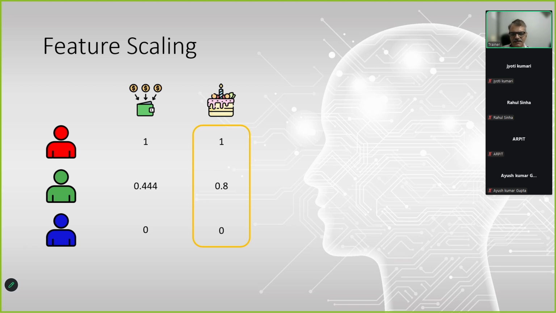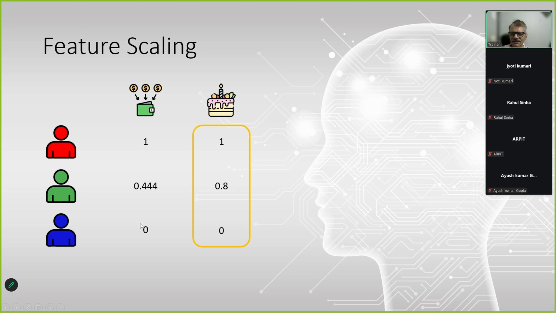Well, I think the answer is obvious, right? The green person is almost right in the middle between the blue and the red, if we see this salary data, because this is 0.444. This is 1, this is 0, so the green is almost in the middle.